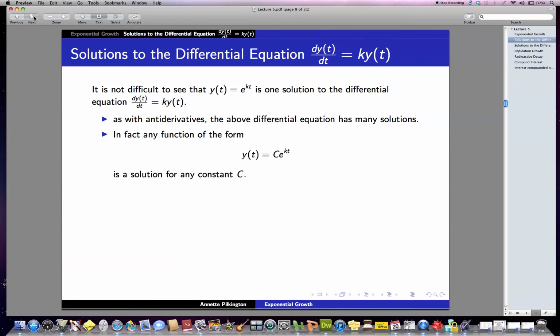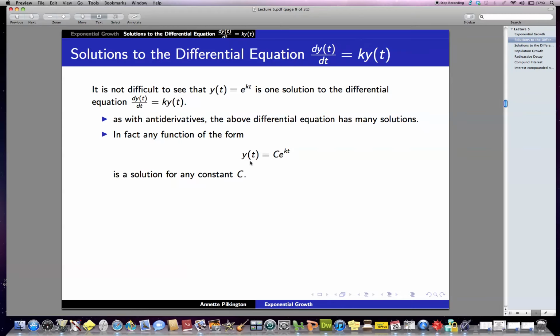Now, it's not the only one. As with antiderivatives in Calculus 1, there's a family of solutions. If I pick any constant c and take the function y equals c times e to the kt, this function also fits the differential equation.